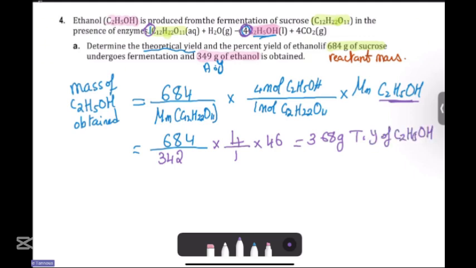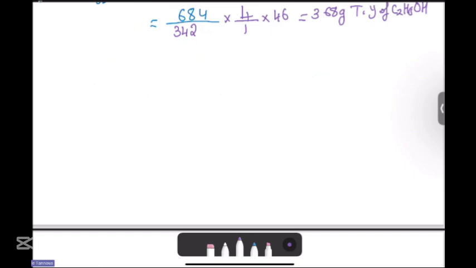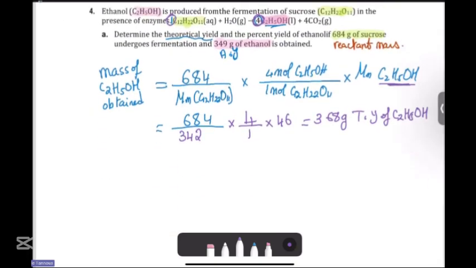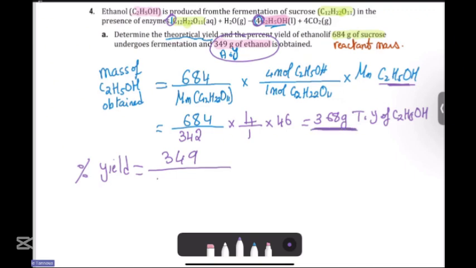Is it clear? Please, if there are questions, let me know. Now, okay, we need to find the percent yield. Percent yield is the actual over theoretical.